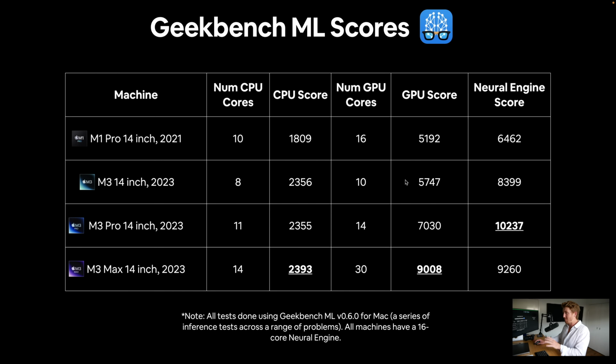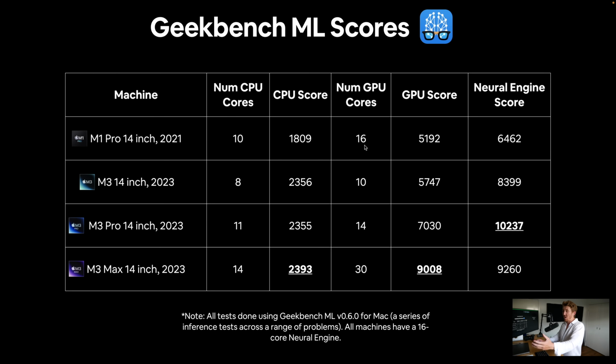However, we're going to pay most attention to the GPU score because that's what we're focused on for modern machine learning. And we see the trend that we've seen throughout the rest of the results, and this makes a lot of sense. More GPU cores, higher the score. However, my M1 Pro has more GPU cores, but a lower score than the M3.